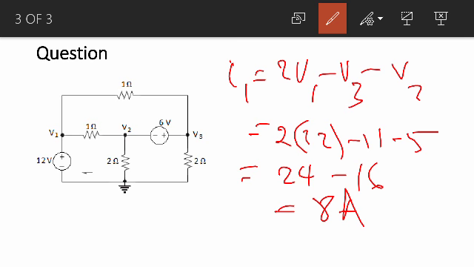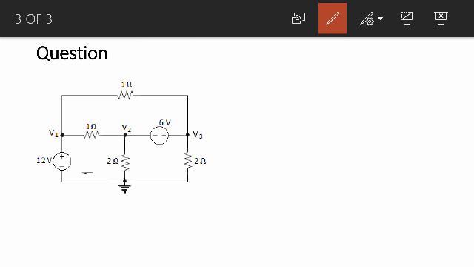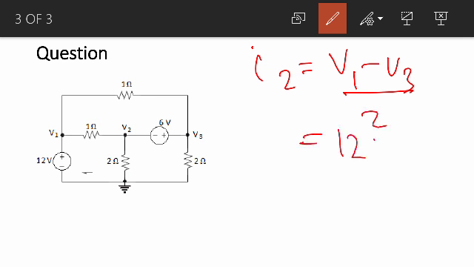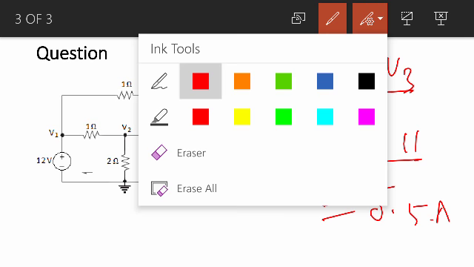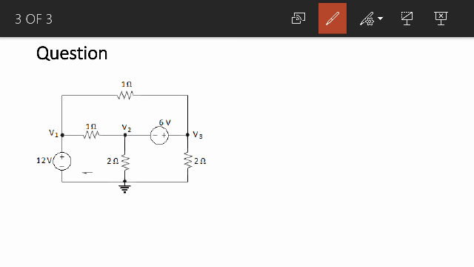Now let's calculate I2. Our I2 is the current from V1 to V3, which is V1 minus V3 divided by 2. So that is 12 minus 11 divided by 2, which gives us 0.5 amperes. So our I2 is 0.5 amperes. Now our I3 is the current from V1 to V2.